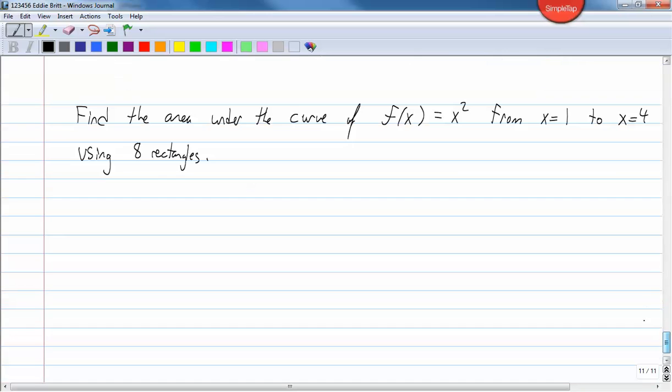So I just want to show you, if we don't start at 0 here, how it affects the rectangles.